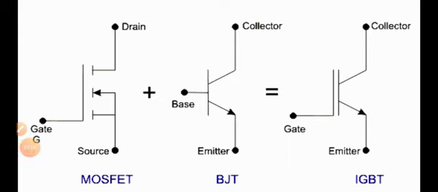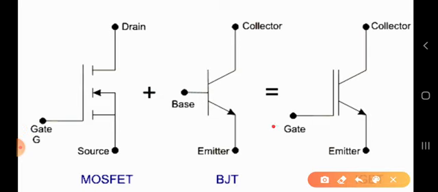Before moving to that structure, we'll just see how to turn on and turn off this power IGBT. So how to make this IGBT turn on? I'll simply say, when the voltage is applied between gate and emitter, the IGBT is said to be turned on.